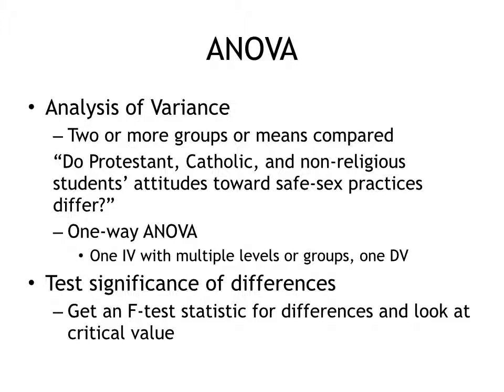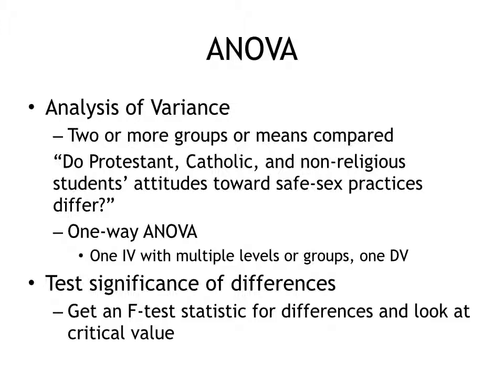It's got one independent variable, which is the religious affiliation, and it's got multiple levels or groups. There's Protestant, Catholic, and non-religious, and there's one DV, so it's a one-way ANOVA. Same idea as a t-test, only this time with an ANOVA, it's called an F-test statistic.